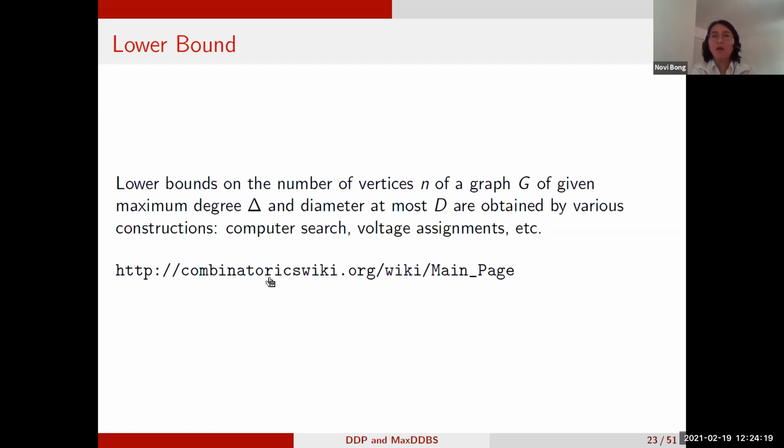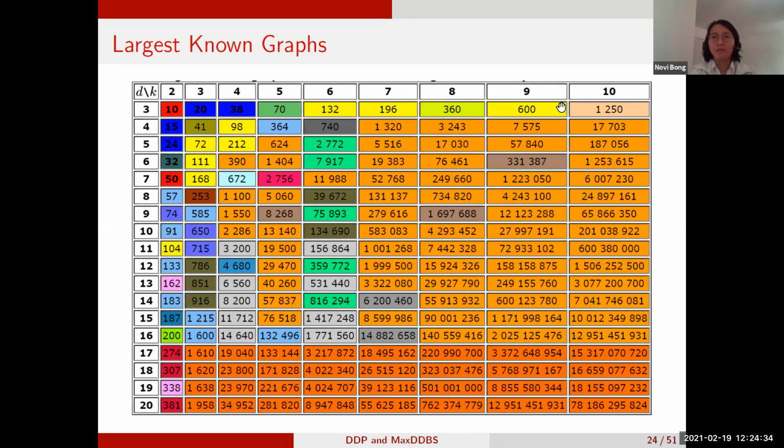There is a Combinatorics wiki page dedicated to the degree diameter problem. If you look at it, there are variants of the degree diameter problem. Here is the table that they have. The red boxes mean it's a Moore graph, or the optimal one that you cannot improve anymore.